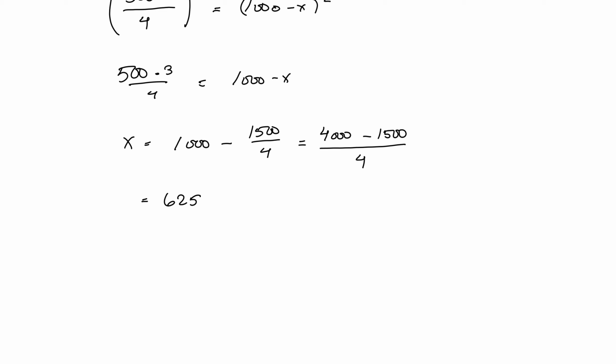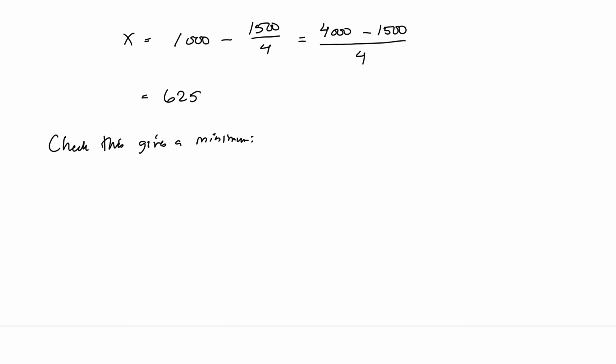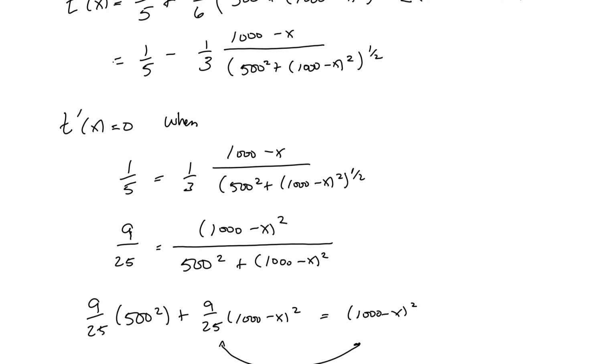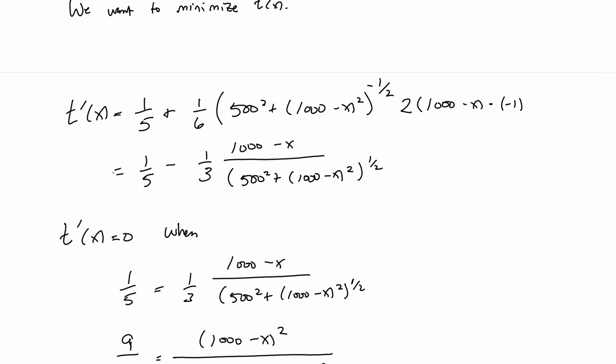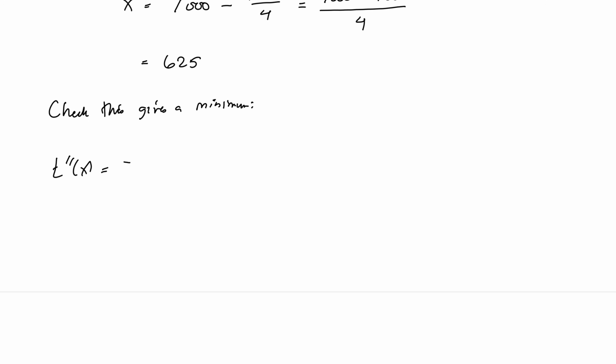Now finally, we need to check that this actually gives a minimum. So that means we need a second derivative, so that's going to be even messier. So if we do that, notice the first term of our derivative, when we go way back up here, this 1/5 will go away because that's a constant. So I'll have a negative 1/3, and I'm going to have a big old mess in here. So I'm going to use quotient rule.